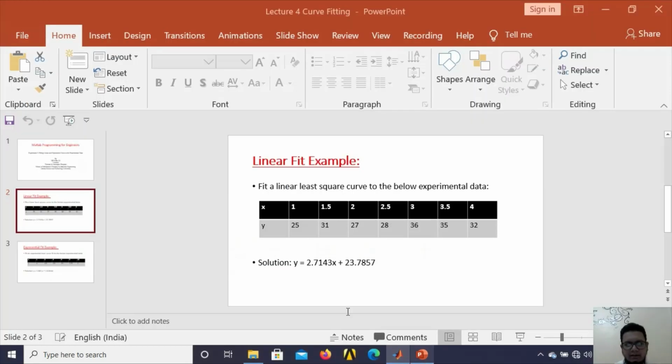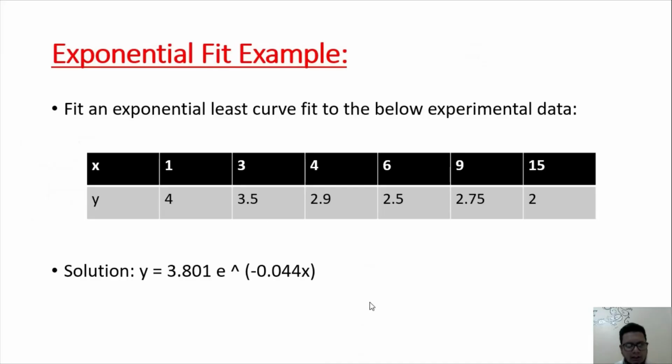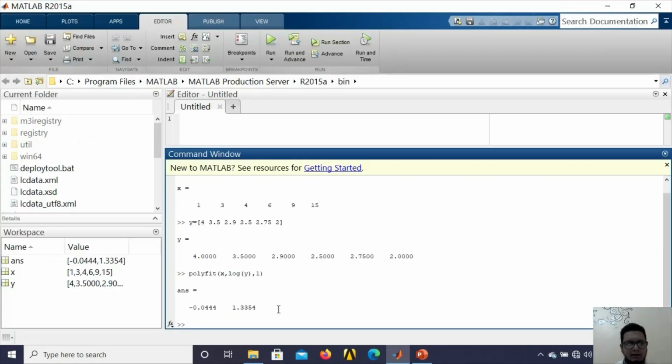But when we check with our solution, it is not the same. b was minus 0.044 and a was 3.801. I'll explain why we got this.